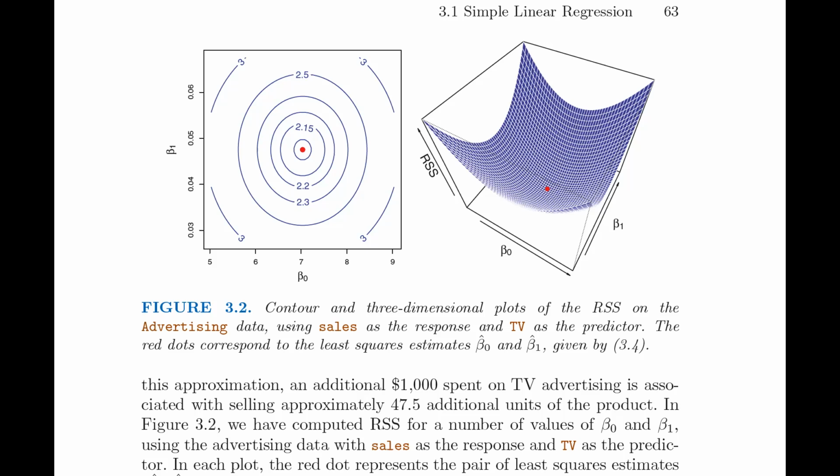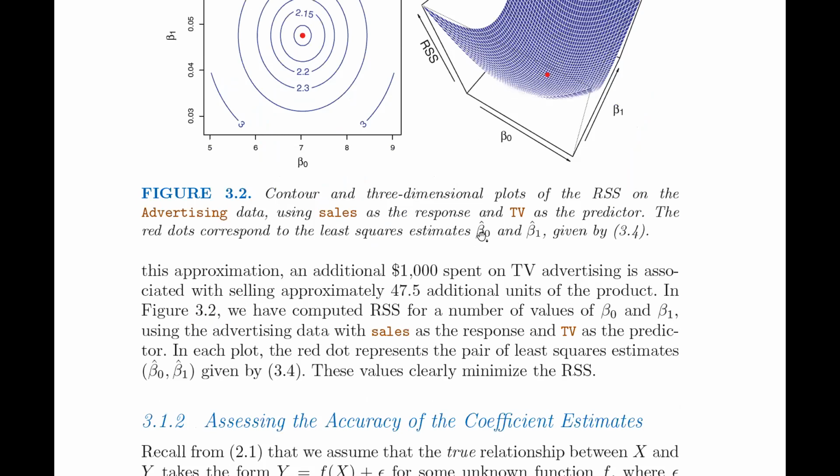There may just be errors, misreporting. Not to mention that the model itself isn't necessarily doing us any favors assuming linearity, and we remind ourselves of this limitation by using beta naught hat and beta 1 hat.